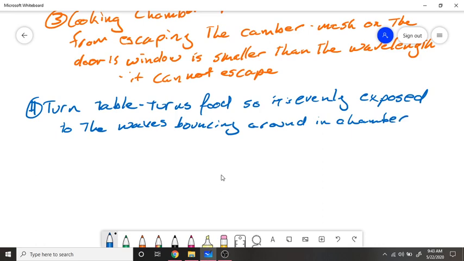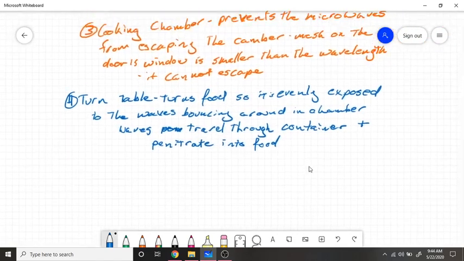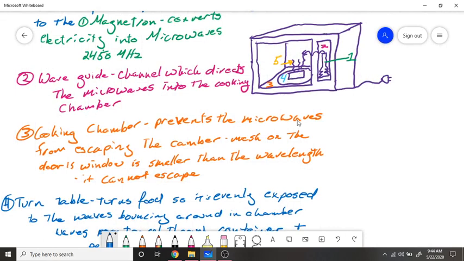The waves even travel through the container and penetrate into the food. So that is why we have the turntable.